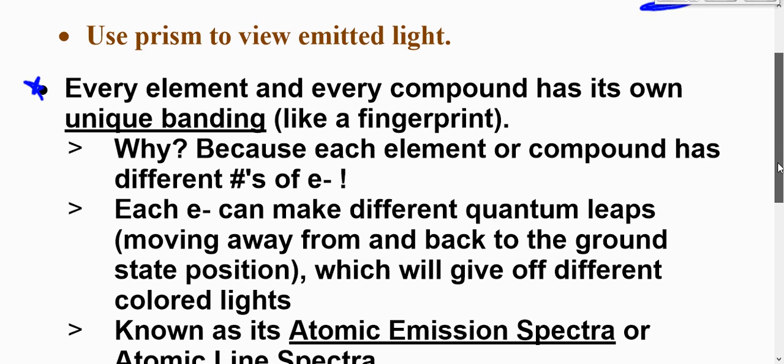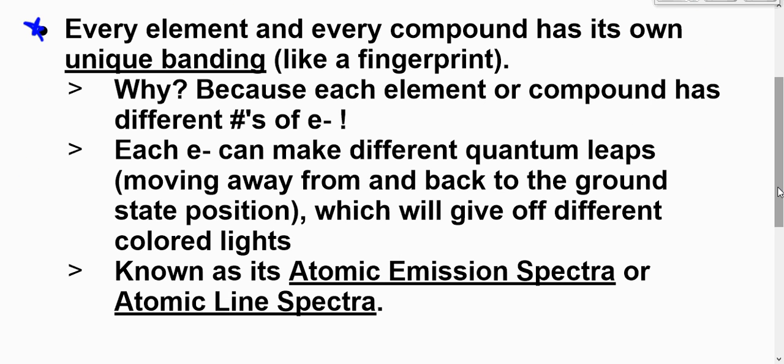And the reason for this is what we've been talking about through this video: every different element or compound has a different number of electrons. And every single electron in a compound or an element makes different quantum leaps. And so they're moving away from and back to different ground state positions, and they're going to give off different color lights.